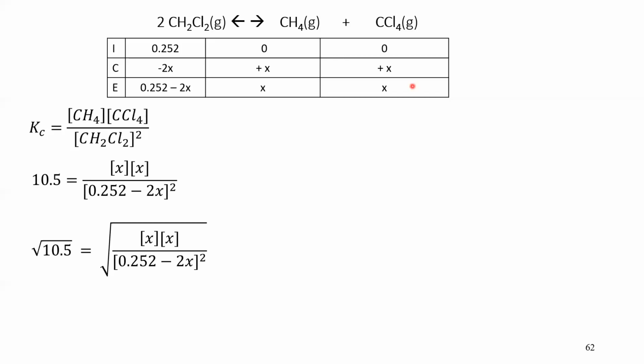Take the square root of both sides. And remember, just because you solve for X doesn't mean you answered the question. Once you figure out what X is, you need to go back into your ice chart and figure out what the equilibrium values are for your reactants and your products.